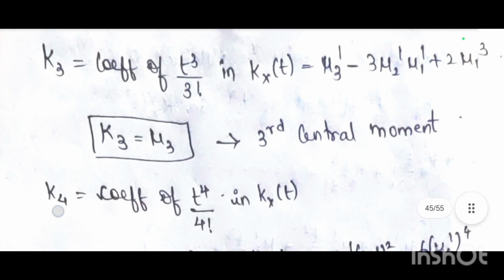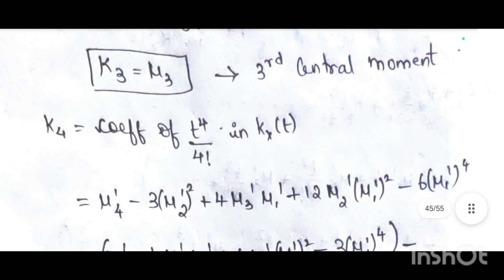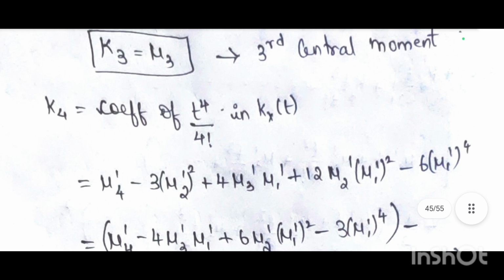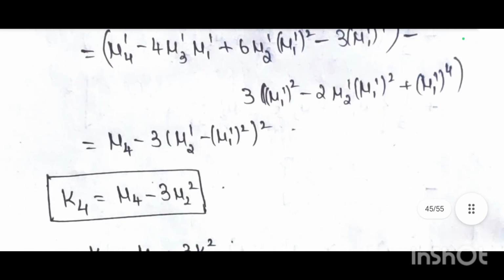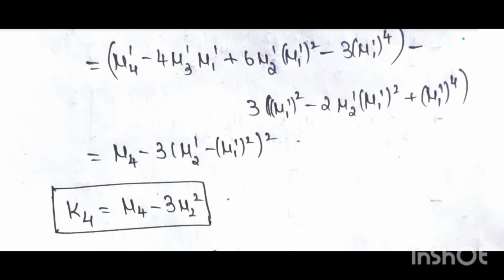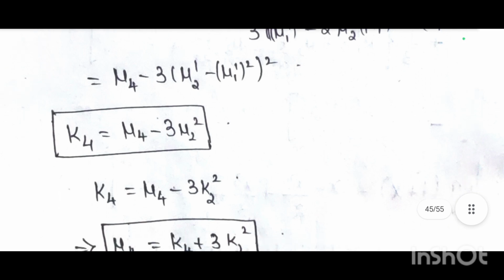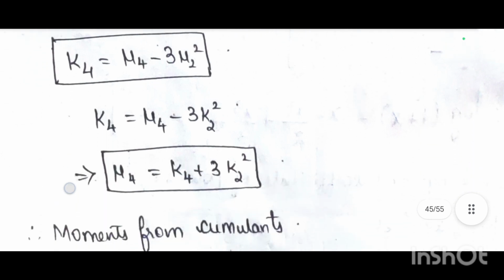Next, if we compare the coefficient of t to the power of 4 divided by 4 factorial in Kx of t, the mu4 dash value you can write directly, and on simplification K4 is equal to mu4 minus 3 mu2 whole square. So mu4 equals K4 plus 3 K2 square.